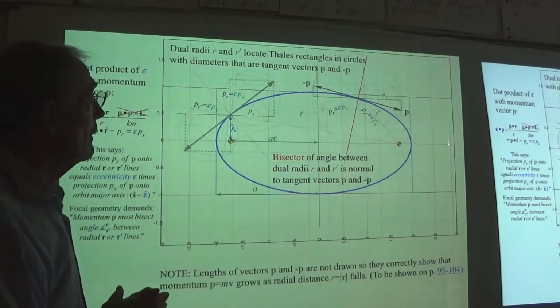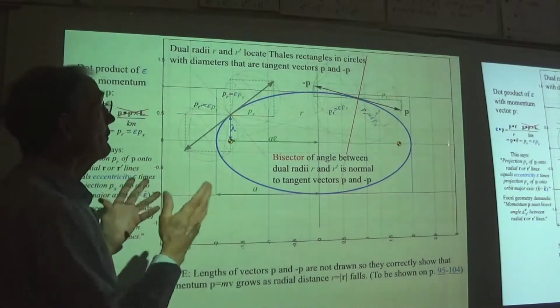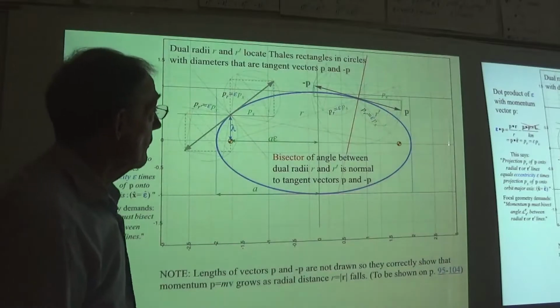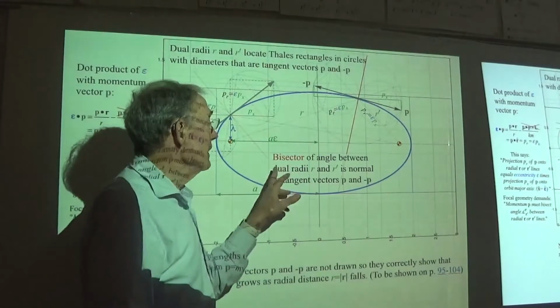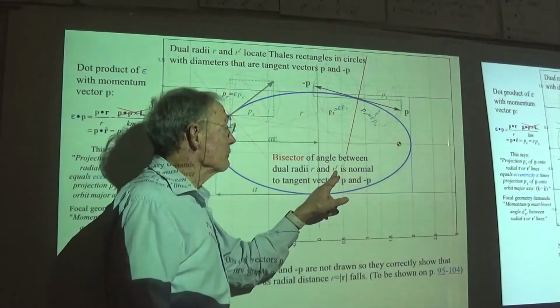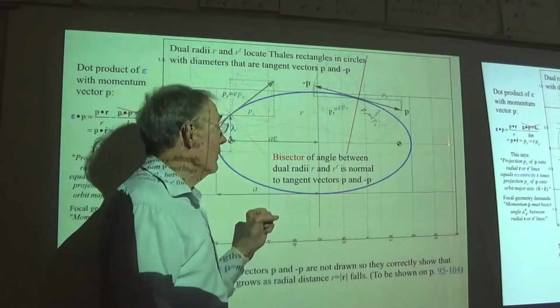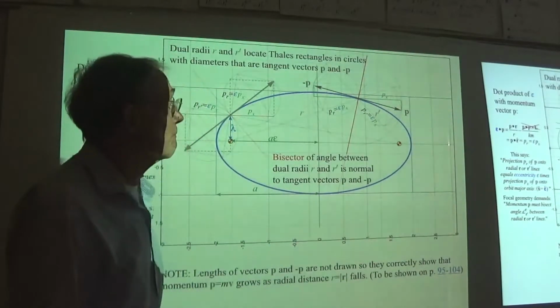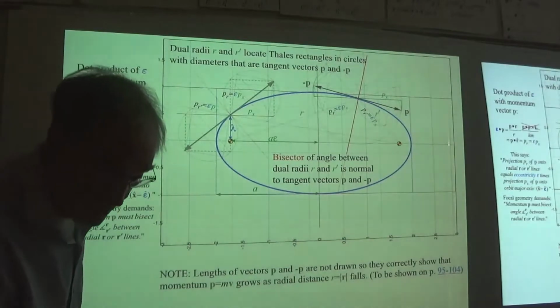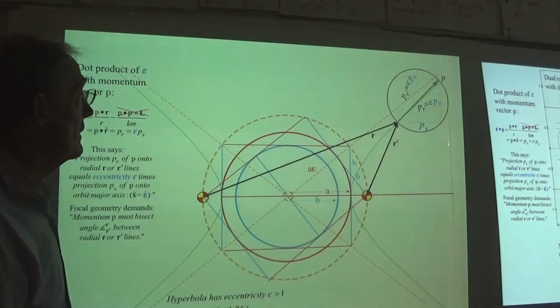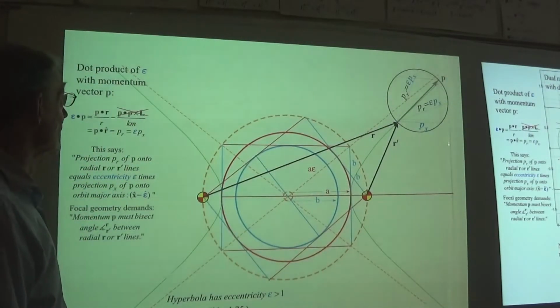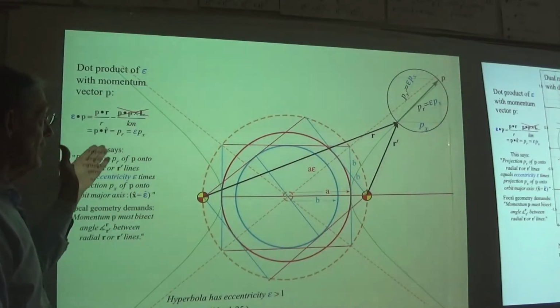It's sort of ugly any other way. This just gives it to you for free. So that is important. The bisector of an angle between the two kinds of radii is normal to the tangent vectors in this case. Okay. And what's neat about that is it works for hyperbolas too. This isn't just for the ellipse.